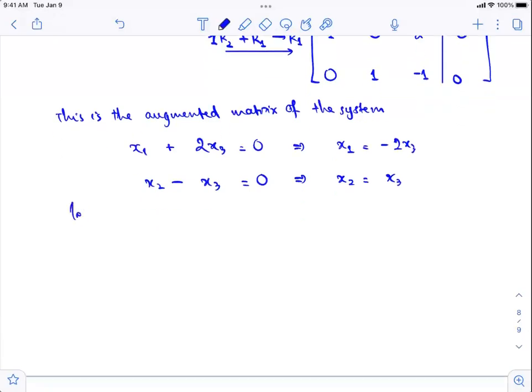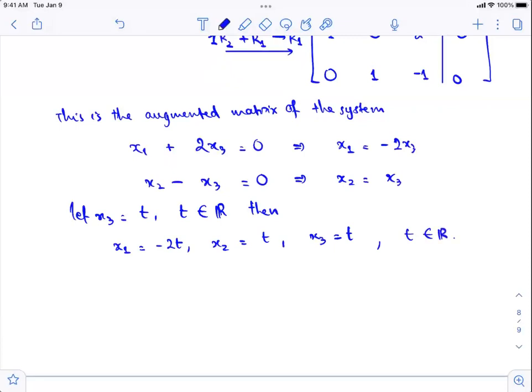So you let x3 equal t, for t any real number. And so this is the fancy R. Right. Then you get that x1 is equal to -2t, x2 is equal to +t, and x3 is equal to t as well, for t any real number.